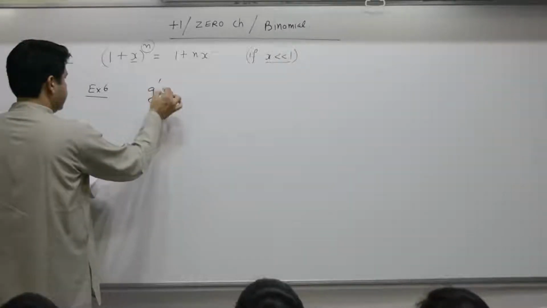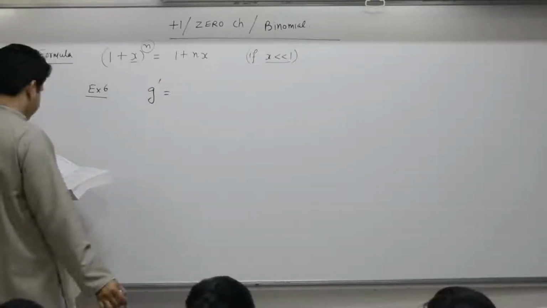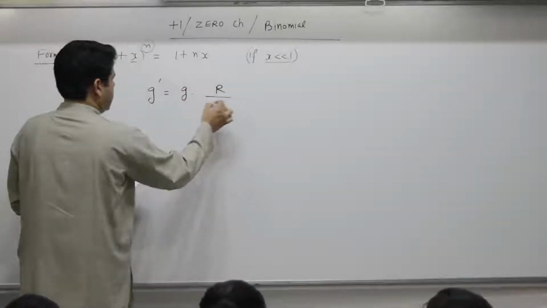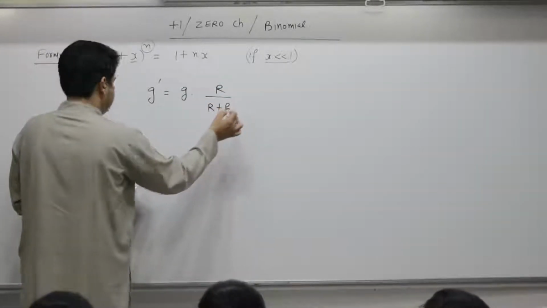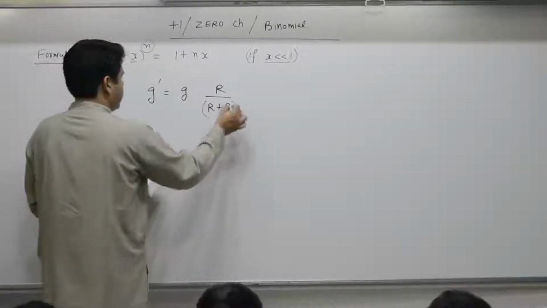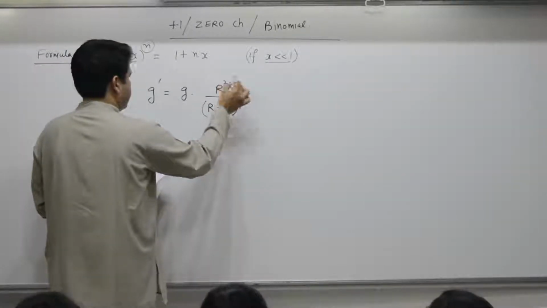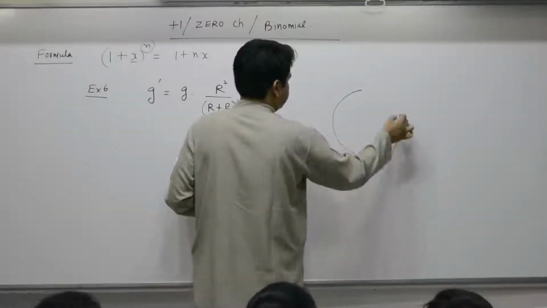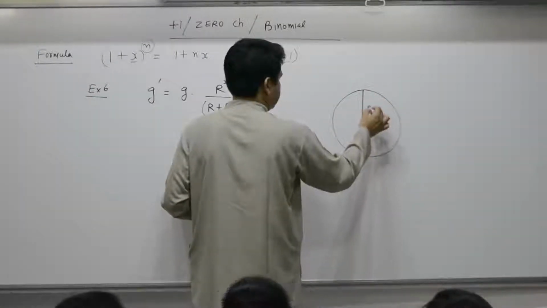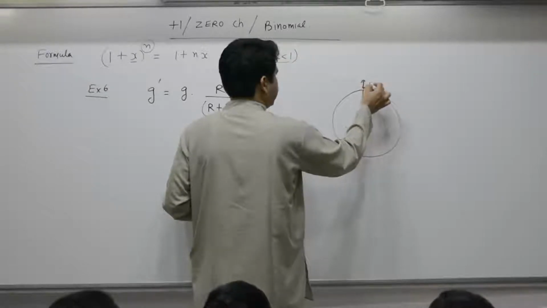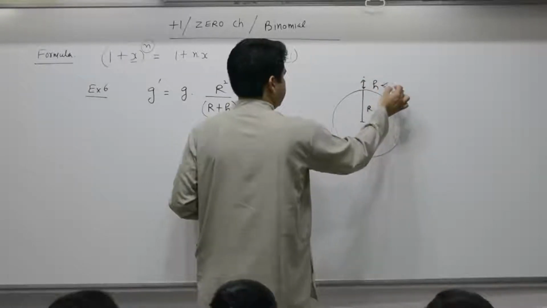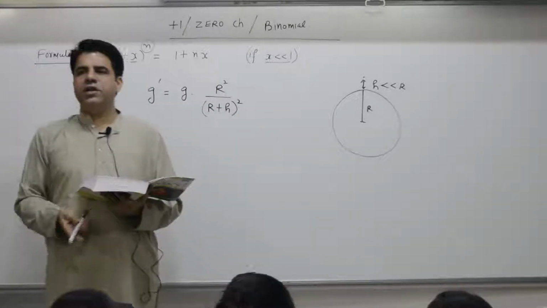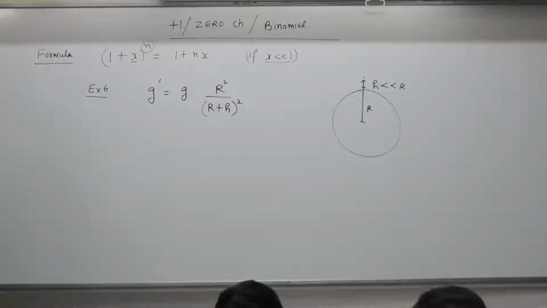g dash, acceleration due to gravity at any height, is equal to g R over R plus h whole square. The concept is radius of earth is R, and at a small height, 1 meter, 10 meter, height is very, very small in comparison to radius of earth.